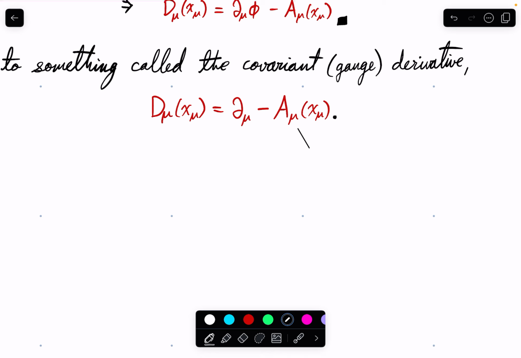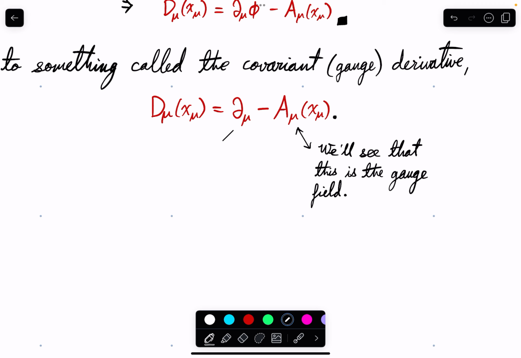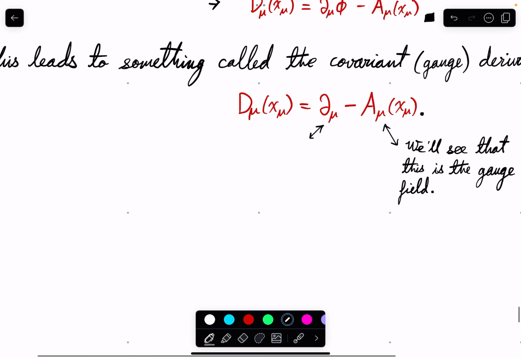So this right here, we will see in future videos, is the gauge field. And this right here is just the difference between field strengths.